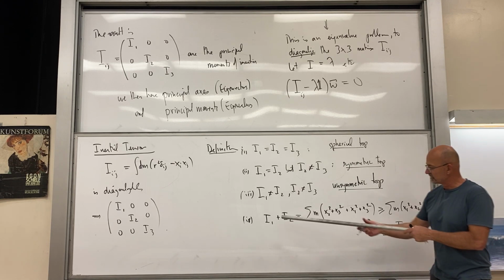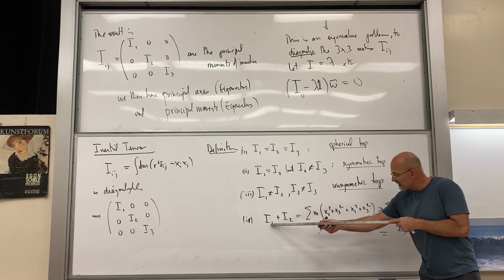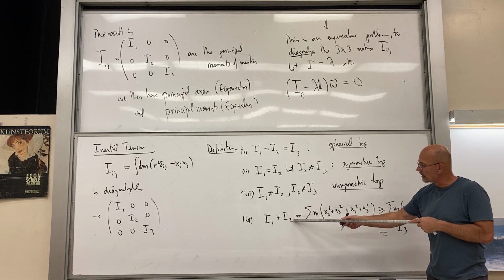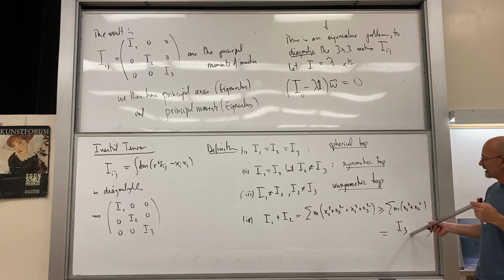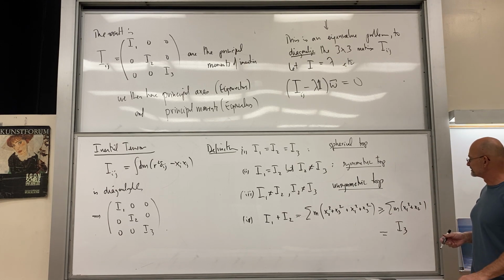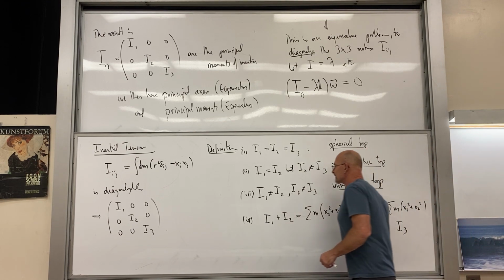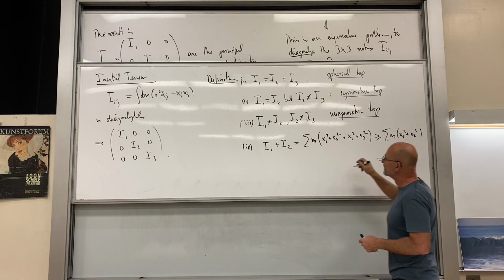And since these are just, up to permutations, what you have is that the sum of two moments of inertia is always greater than or equal to the third one. And now you get an interesting property here.